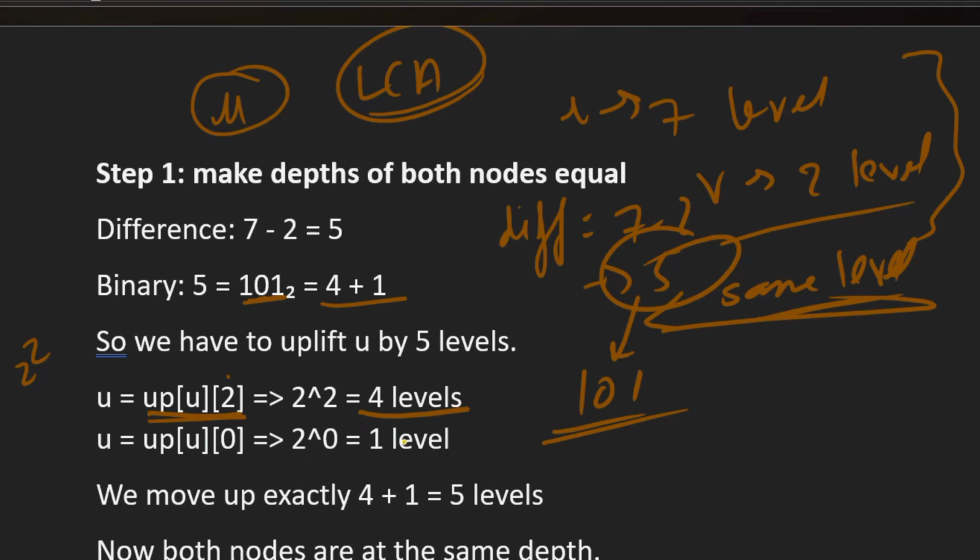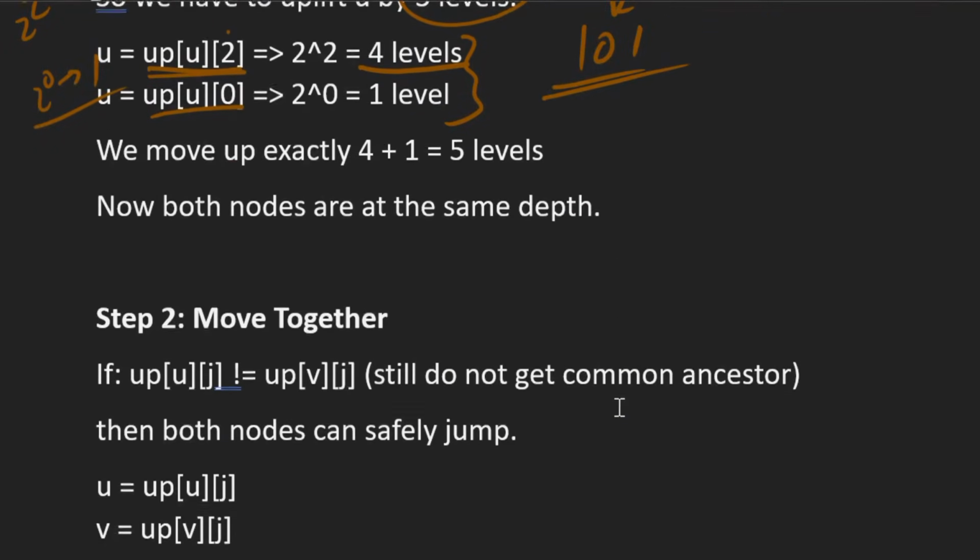Then we have to uplift u by one more level, that is up of u comma 0, since 2 to the power 0 is 1. So using these, we have uplifted our node by 5 levels.